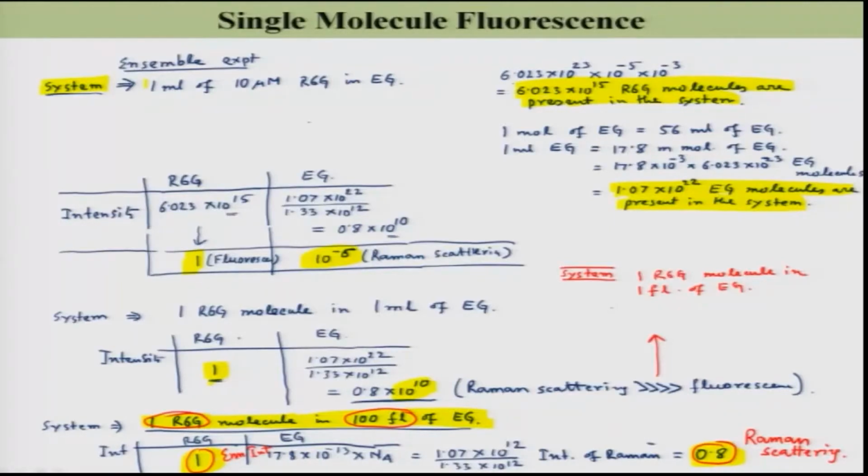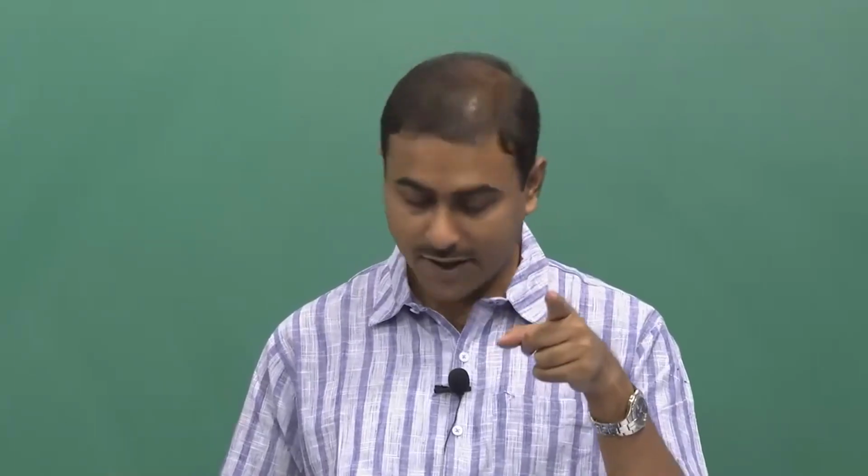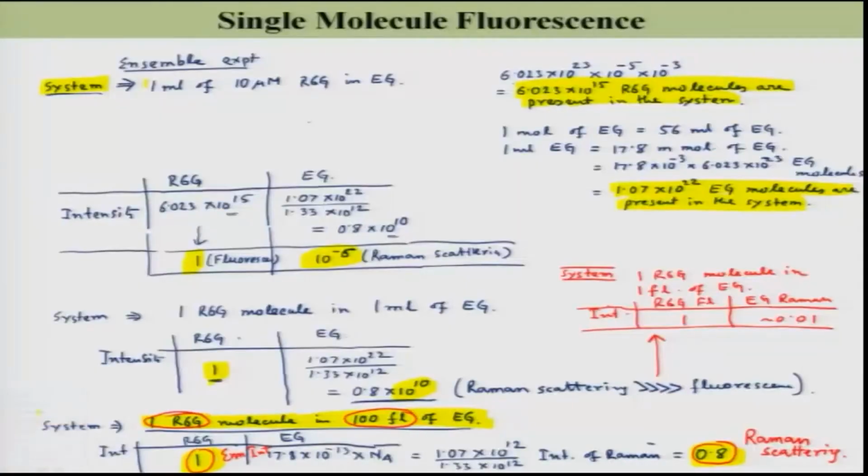In this case, the intensity of R6G fluorescence and EG Raman will be, if it is 1, then roughly 0.01. So this is a good situation for me to monitor the fluorescence intensity coming out from a single rhodamine 6G molecule.